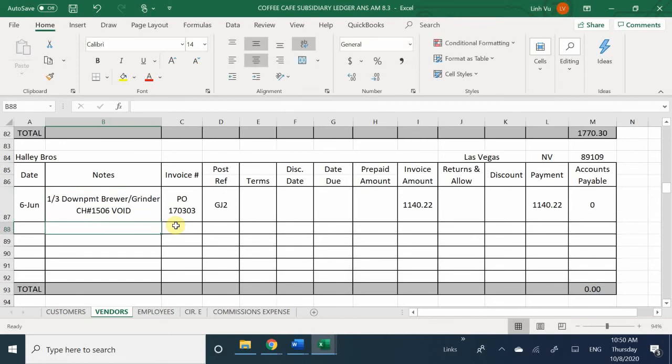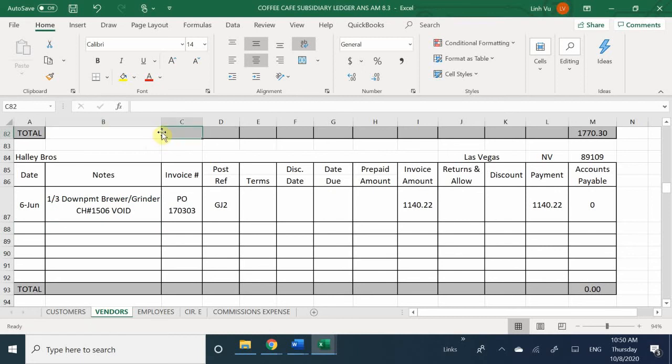Okay. Now in this case, even if I did this or not, my balance will not be affected because I don't owe them anything. So by me just coming in and editing the information saying that I voided the check, that's all I really have to do.